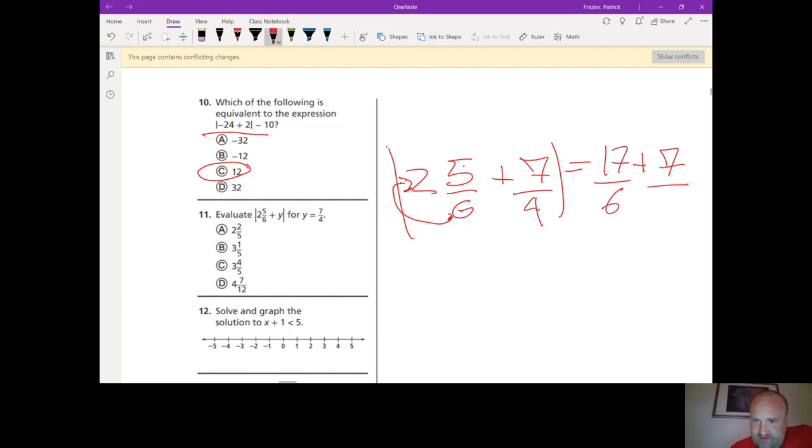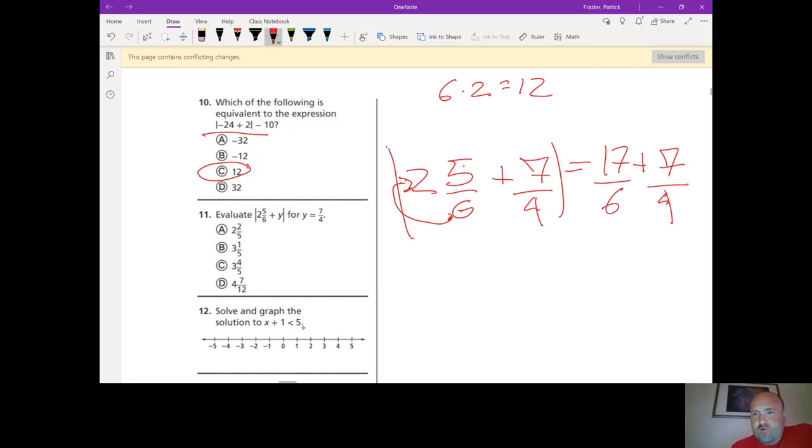We had 6 and 4. The trick here is to work with the bigger number. 4 does not go into 6 evenly, so that's 6 times 1 is 6. What is 6 times 2? 6 times 2 is 12.